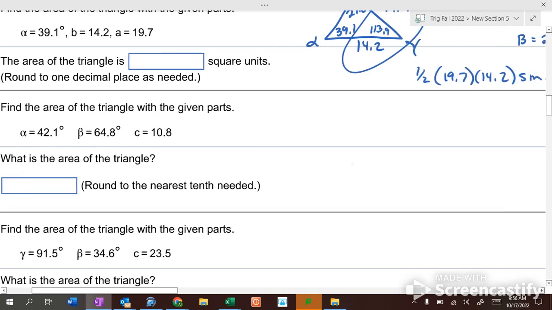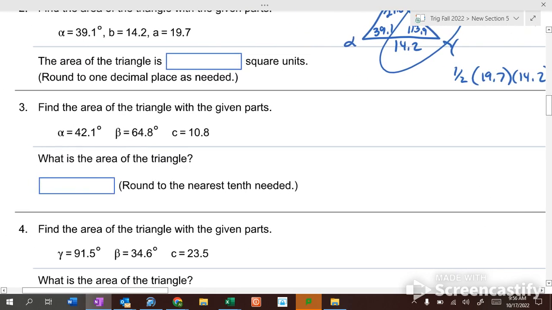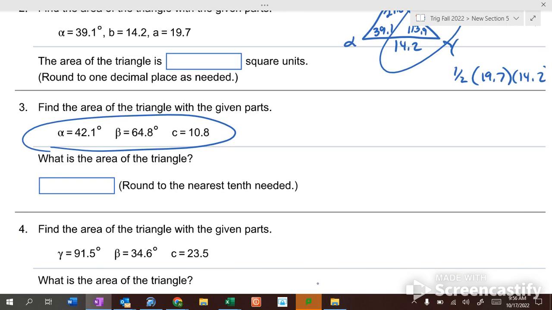Okay? So there will be a few like that. This one, super easy, because it's alpha, beta, C. Ooh, not super easy. Let me just go through that one quick of how we'll attack it. Yeah, it is pretty super easy, actually. Alpha, beta, gamma. We know 10.8.